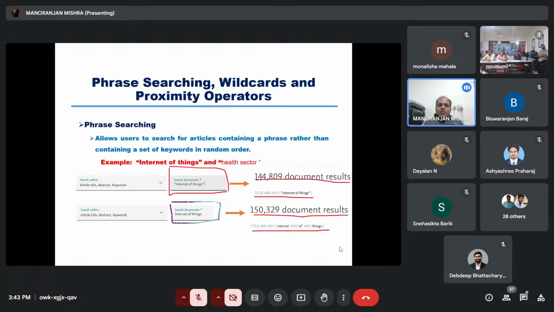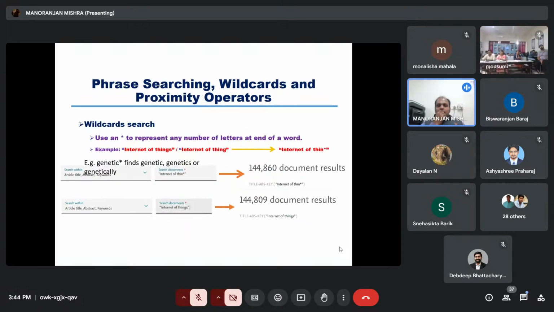This is called wildcard. Use a star to represent any number of letters at the end of the word. When I talk of Internet of Thing, I can also go with the wildcard: Internet of Thing, and then I put a star. That means it will take things also.